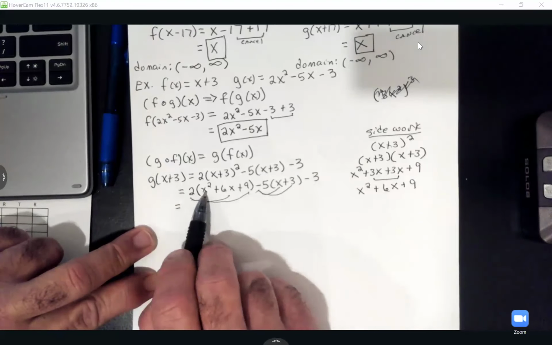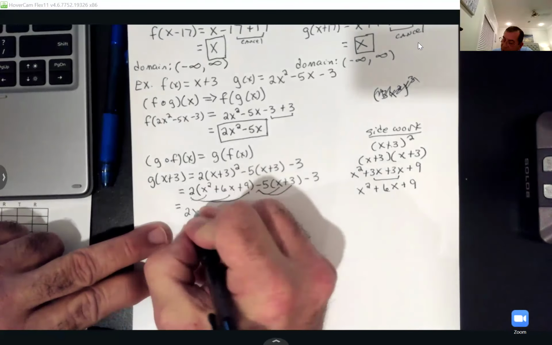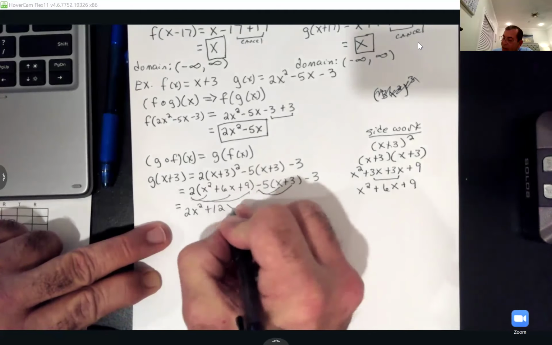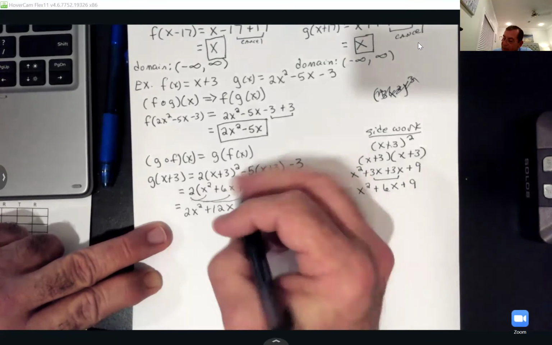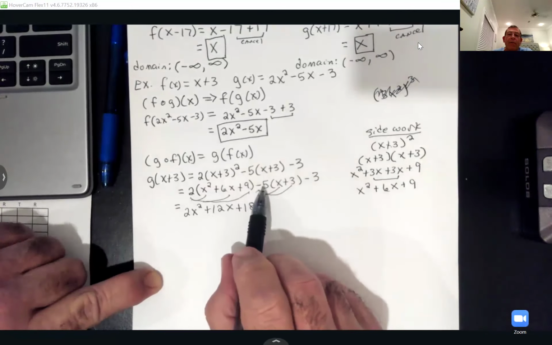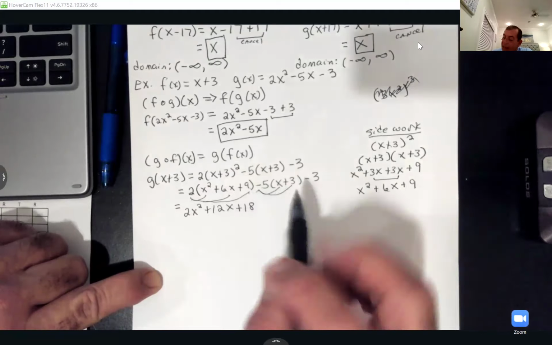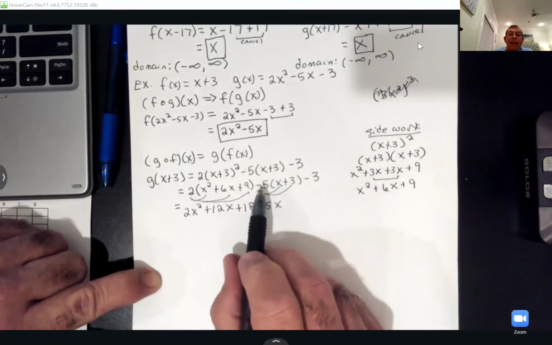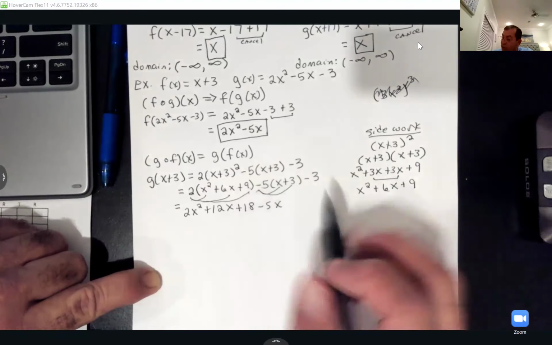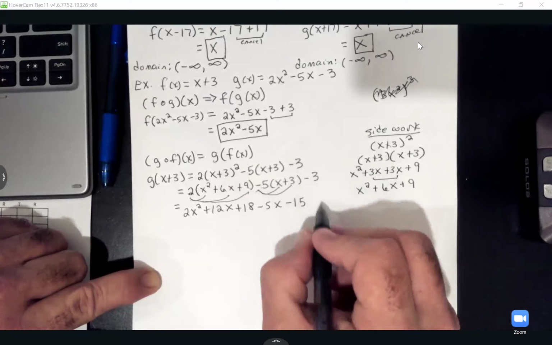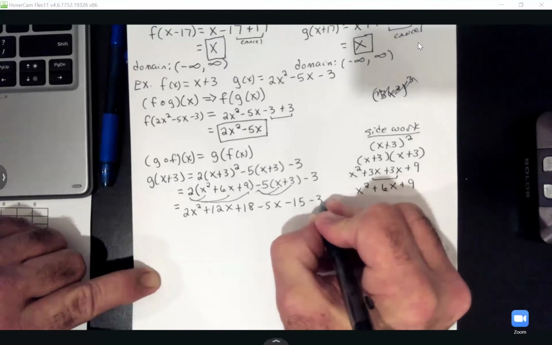So y'all, let's see, that's going to give us a 2x squared. 2 times 6 gives us 12x. 2 times 9 gives us 18. Now remember, this is -5 times x, which is a -5x. That's -5 times 3, which is -15. And then bring down that -3.